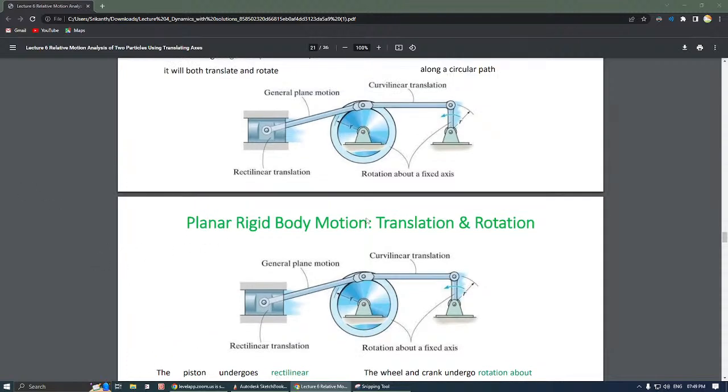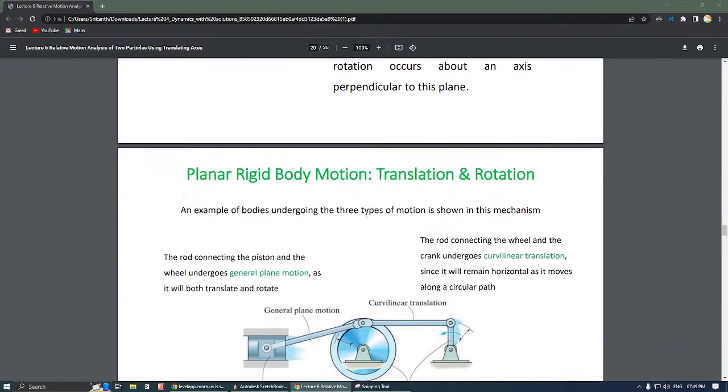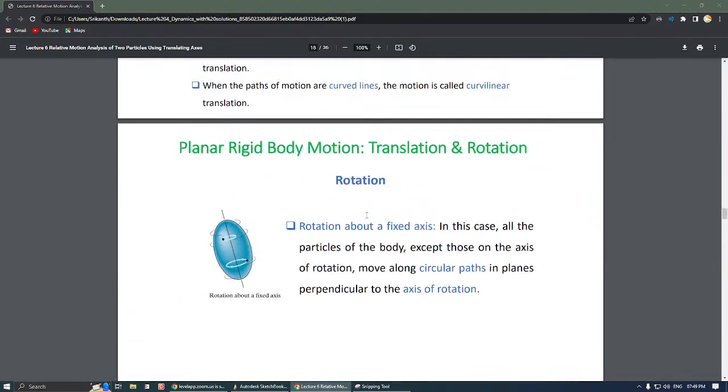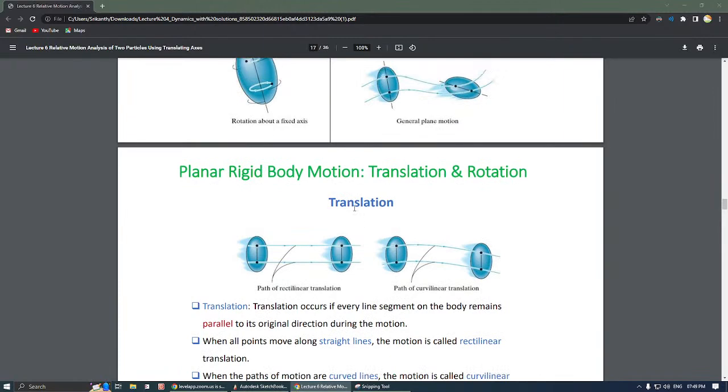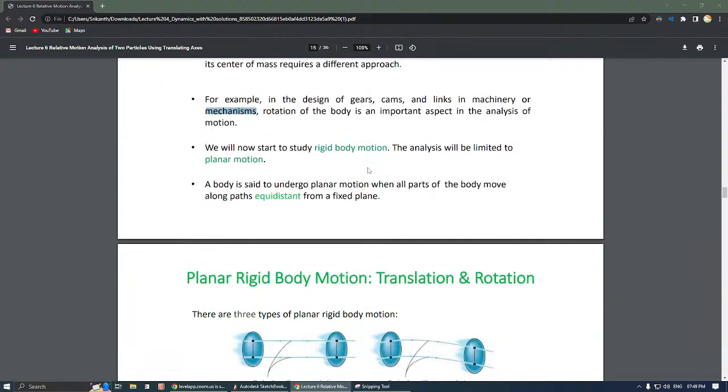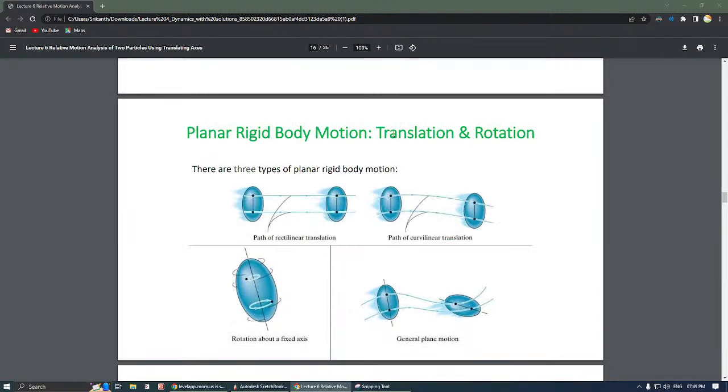So which point to consider will be given mostly in the question, and according to that we must be able to find the motion. Okay. There are some basic kinds of motion given here at the beginning. Go through them first. Translation and rotation, these are the two types of motions.